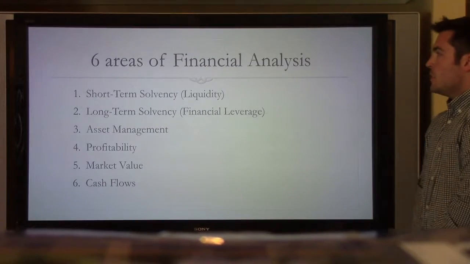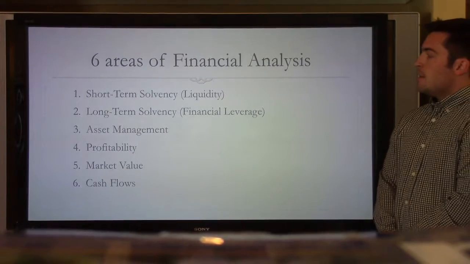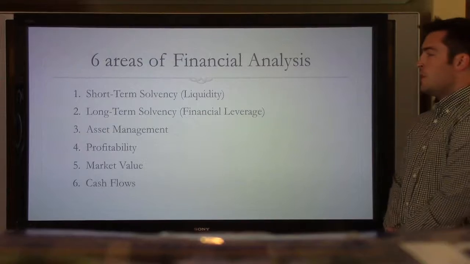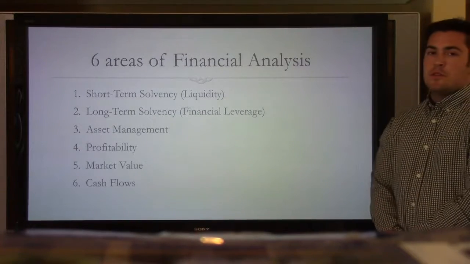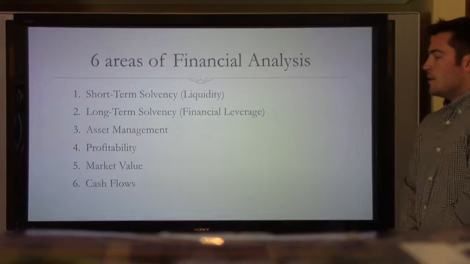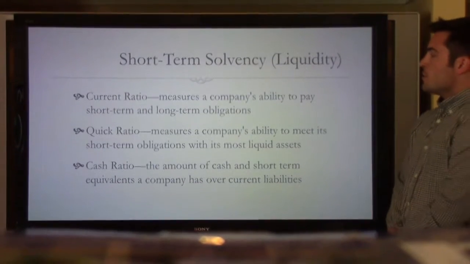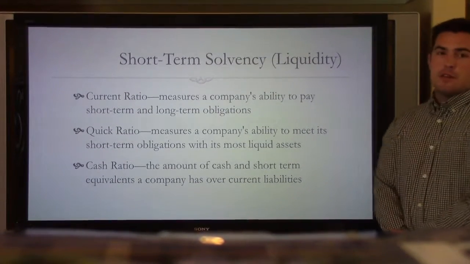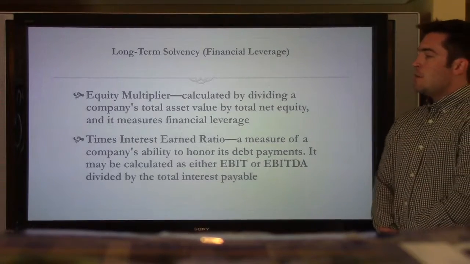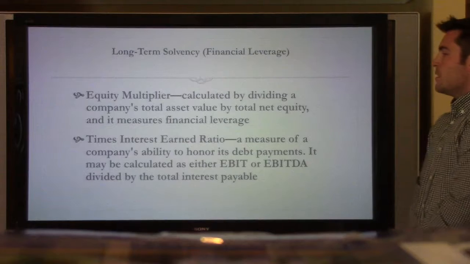The 6 areas of financial analysis we'll be discussing are short-term solvency, which will be measuring a company's liquidity, long-term solvency, which is their financial leverage, asset management, profitability, market value, and cash flows. Short-term solvency, we'll be using the current ratio, quick ratio, and cash. Long-term solvency, we'll be using equity multiplier and times interest earned.